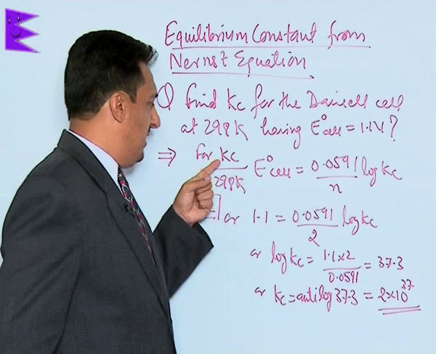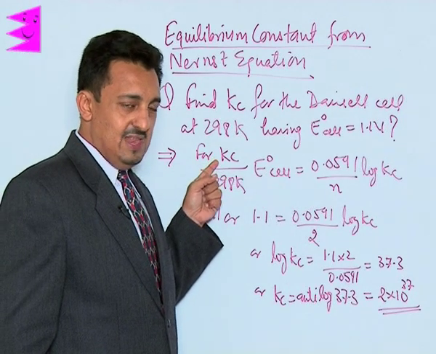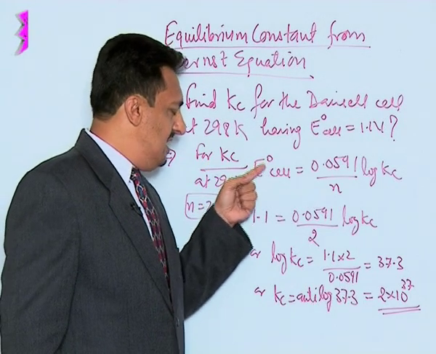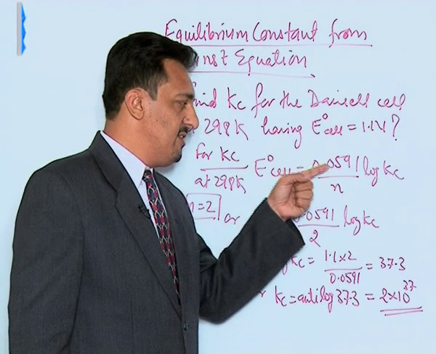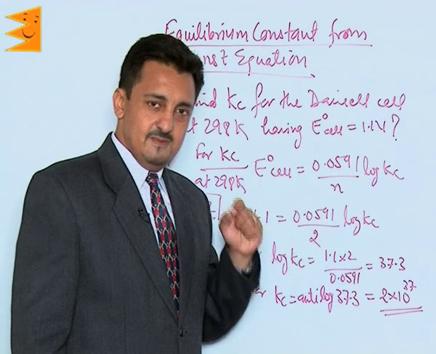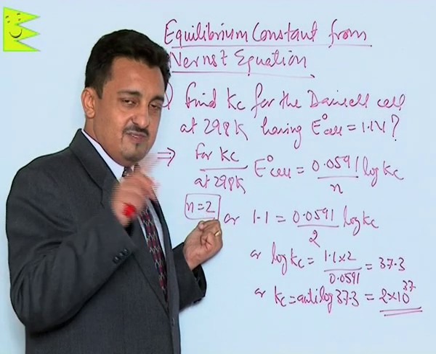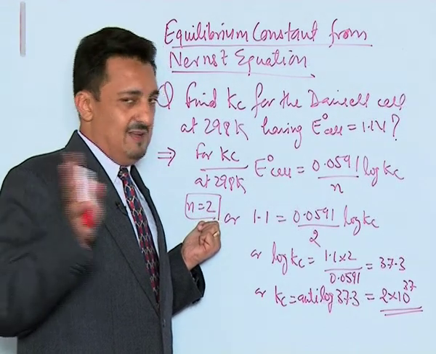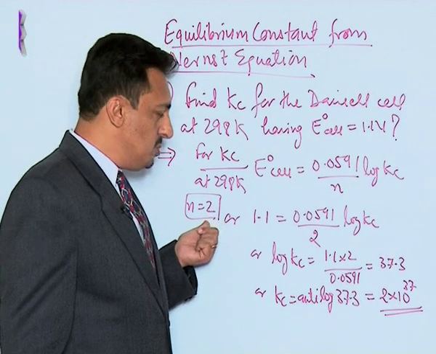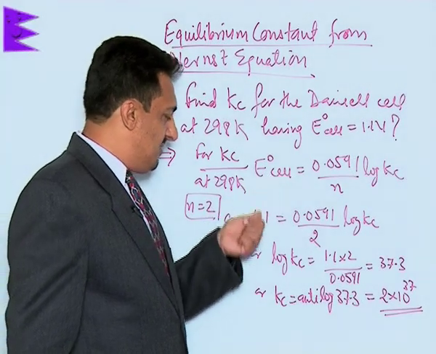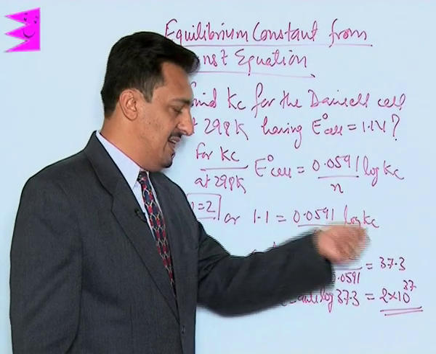For any galvanic cell, E naught cell at 298 Kelvin equals 0.0591 upon n log Kc. Now n for the Daniell cell is 2, because zinc loses 2 electrons and copper accepts 2 electrons. So E naught cell is 1.1, 0.0591 upon 2, log Kc.